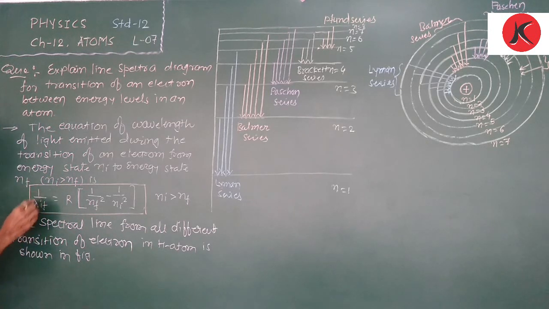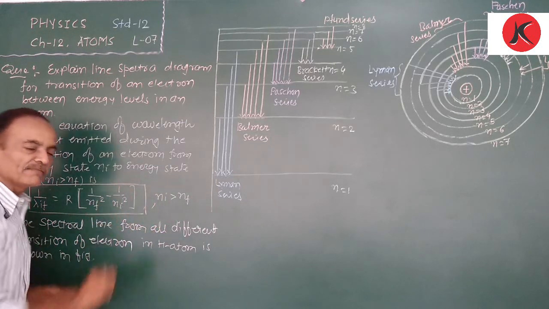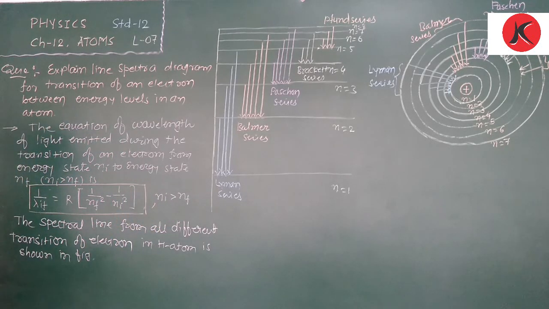So this equation is 1 upon lambda if is equal to R into 1 upon Nf square minus 1 upon Ni square, with the condition that Ni must be greater than Nf. The spectral lines from all different transitions of an electron in the hydrogen atom are shown in the figure.